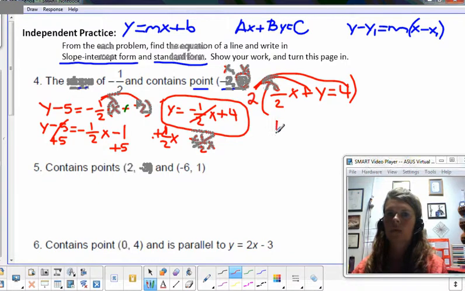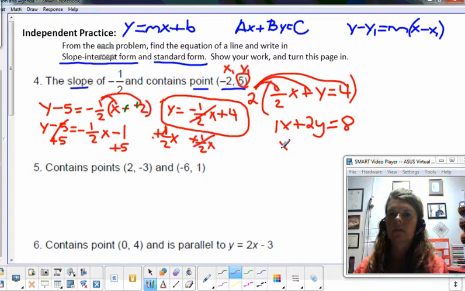So we have 1x, which is just x, plus 2y equals 8. So standard form is x plus 2y equals 8. Your x and your y are both on the left of the equation, and you have a constant sitting by itself on the right.